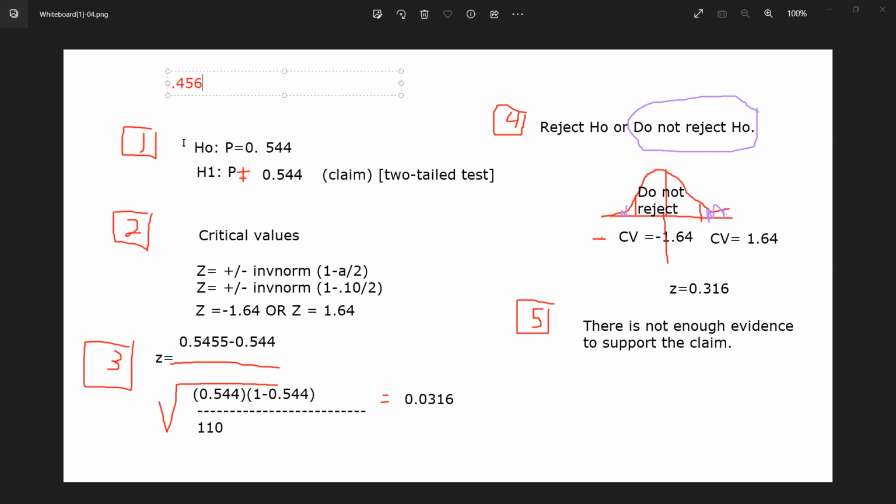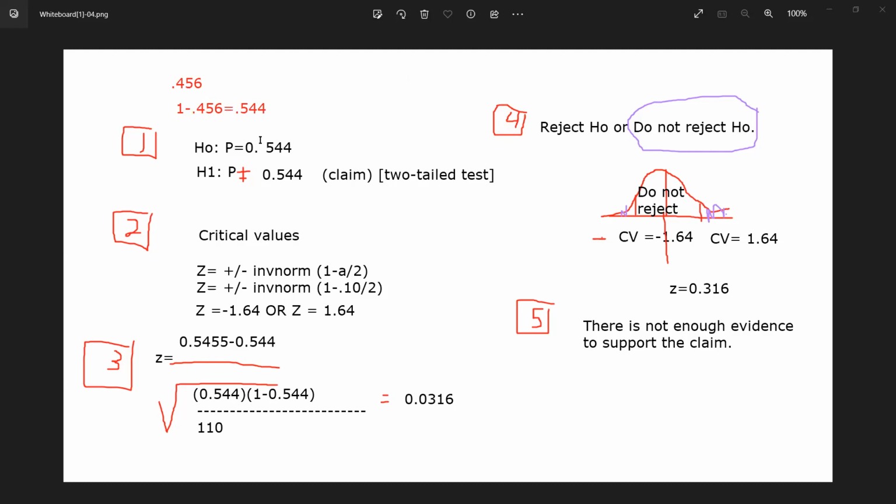But you want the complement of this, because you want the people who drove improperly. So you have to go 1 minus 0.456, or 100 minus 45.6. Either way, you're going to get 0.544. And that's what you're going to be working with, that 0.544, okay?